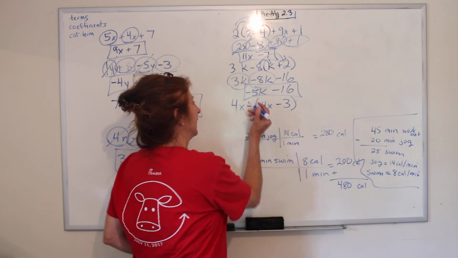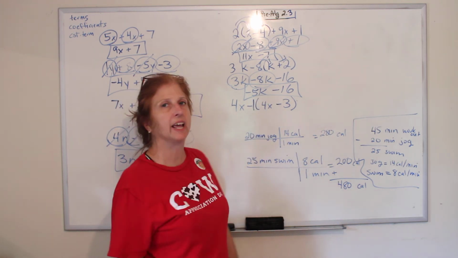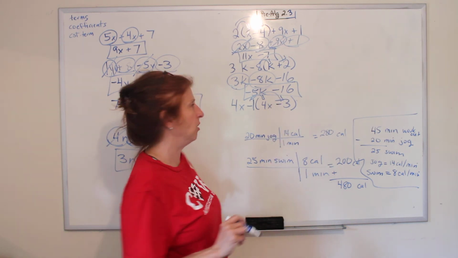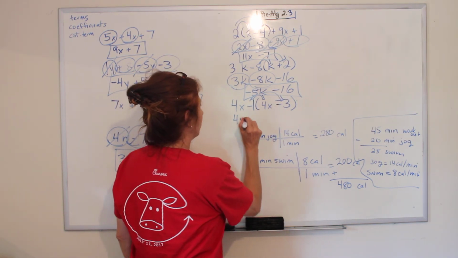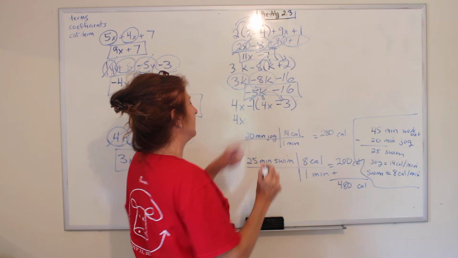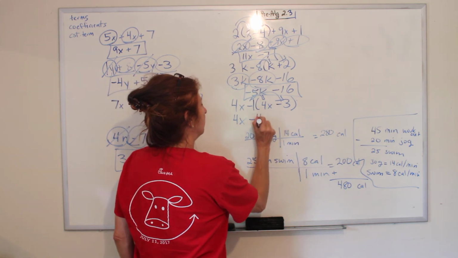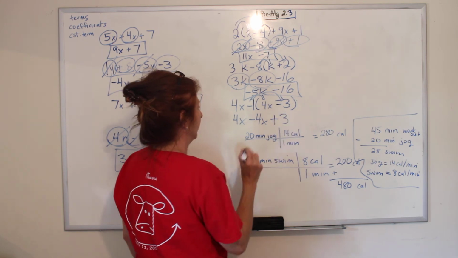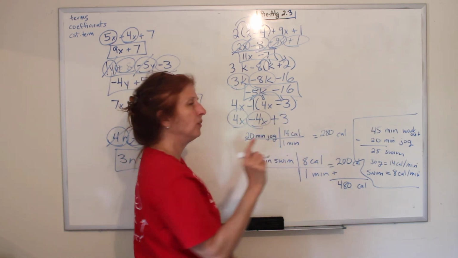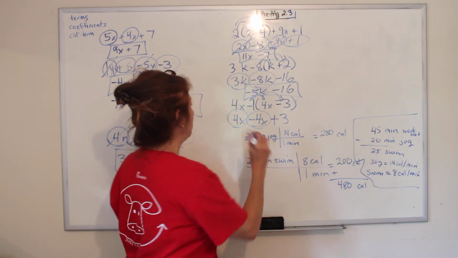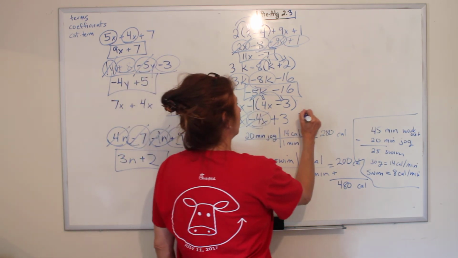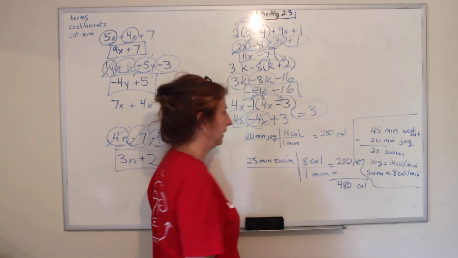What am I distributing? It's an understood negative 1. It goes to everything on the inside. I draw my parentheses. Bring down what I didn't mess with. Negative 1 times 4x is negative 4x. Negative 1 times negative 3 is positive 3. I circle my terms, gather them up. But 4x minus 4x, they both mark out, and I'm left with 3.